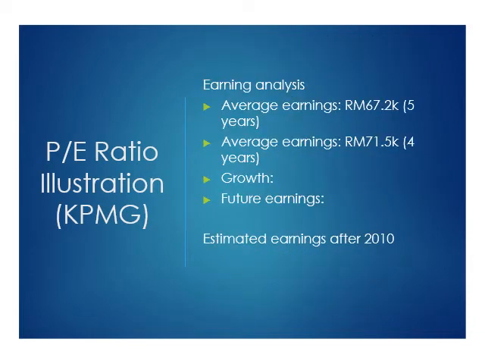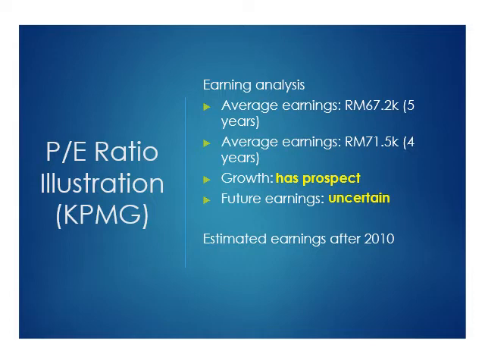Looking at its earnings, the average earnings for the past 5 years is 67,200 ringgit, while the average earnings for the past 4 years is 71,500 ringgit. Therefore, there is a prospect in terms of growth, though the future earnings are uncertain.